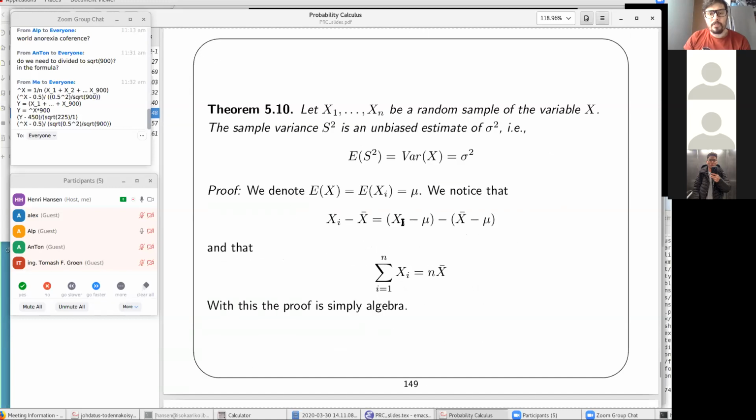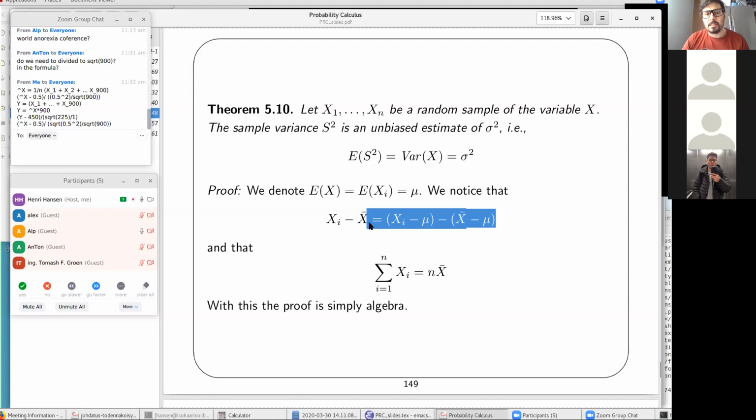That term can be rephrased as each xi deviates from the actual expected value, and then the sample average, or the sample mean, deviates from the actual expected value. Because even though the expected value of this is that, and the expected value of this is that, this usually deviates more than this.